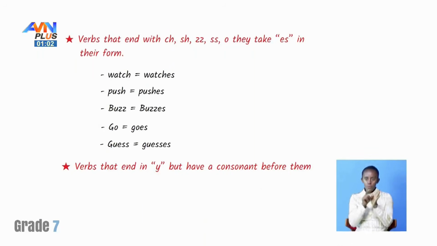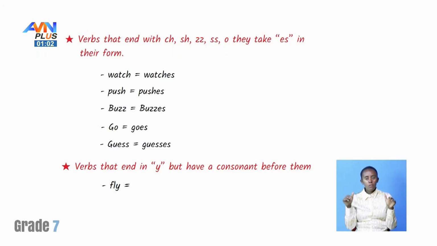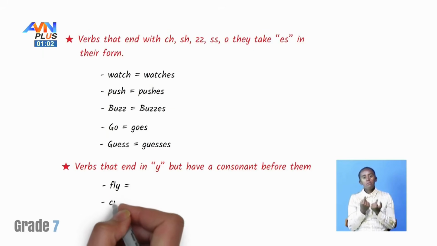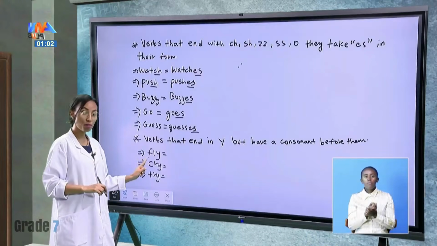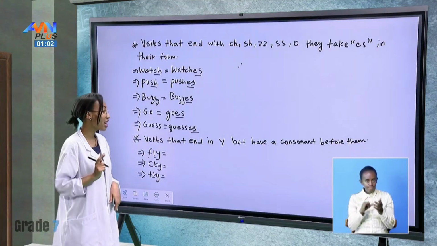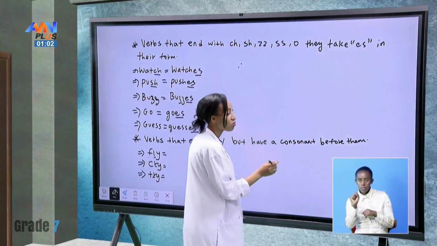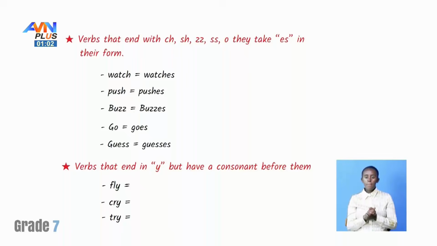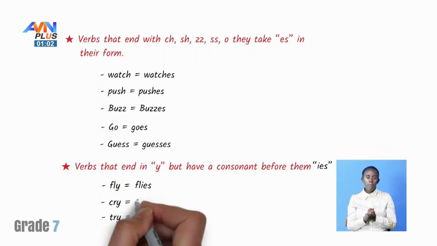For example, verbs like fly, or verbs like cry, or verbs like try. If you see here, they all end in Y. But before them, there is what? A consonant. If that is the case, then they end with IES. For example, flies, right? Cries, tries, again.